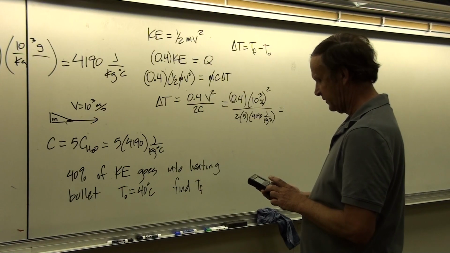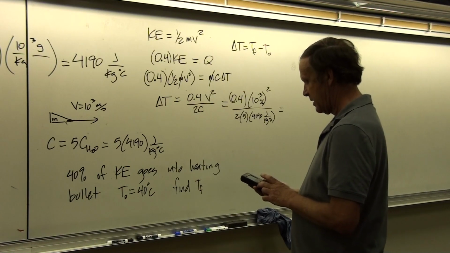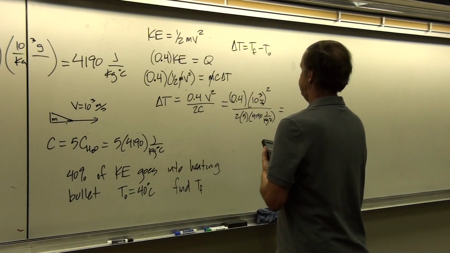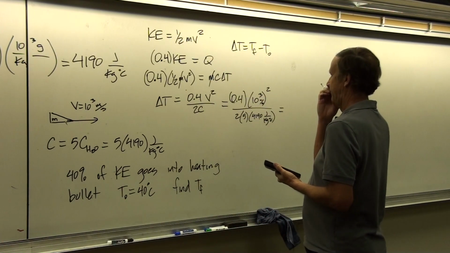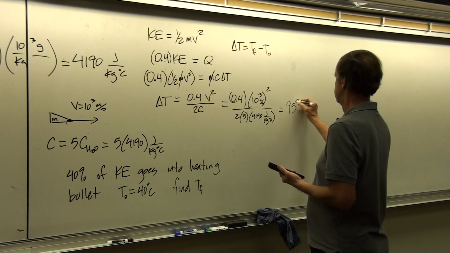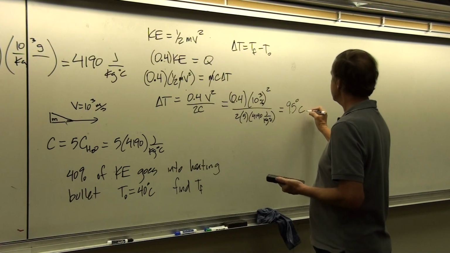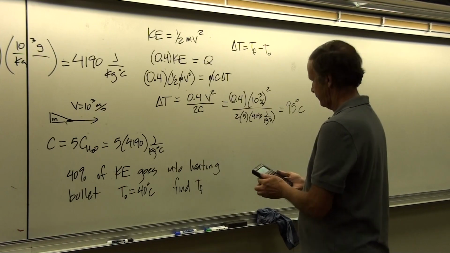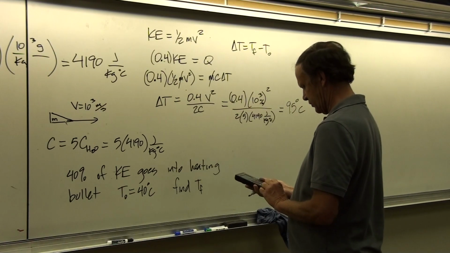So that gives us 9.5 degrees. Okay, and that would be either degrees centigrade or degrees Kelvin. Let me just run that through one more time.